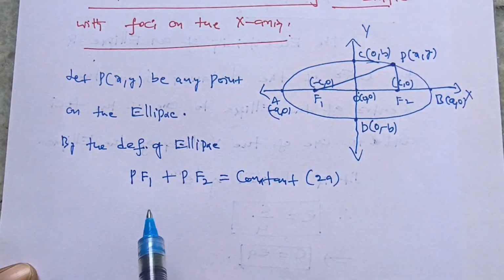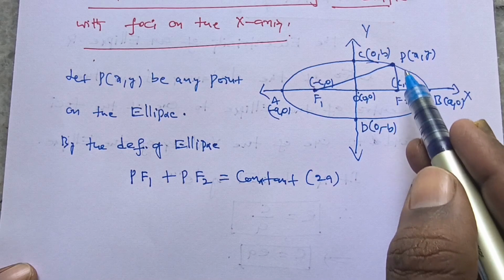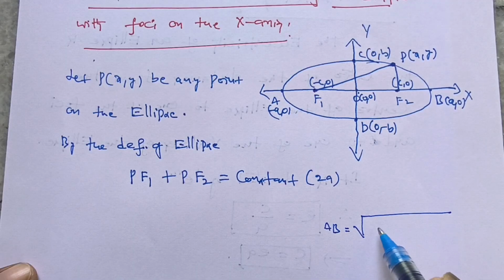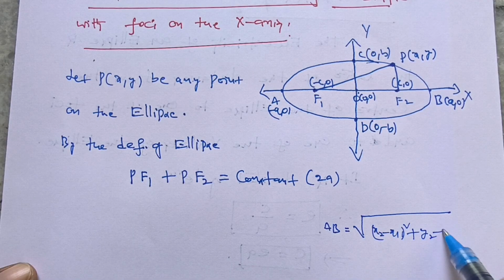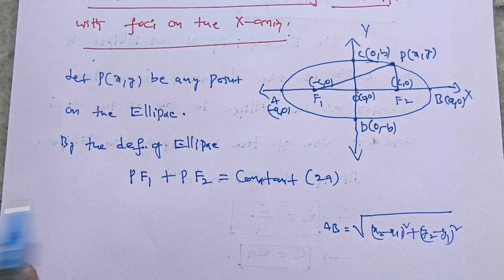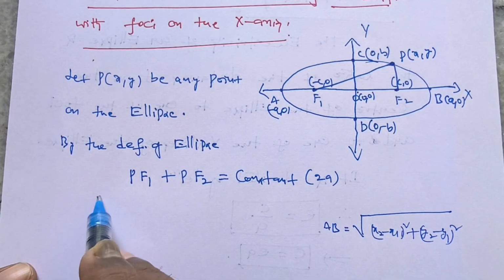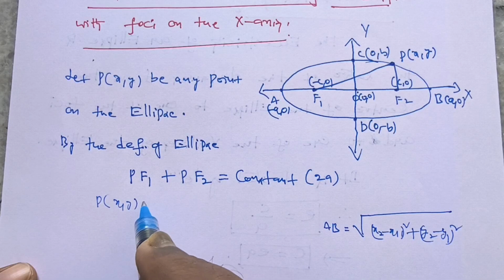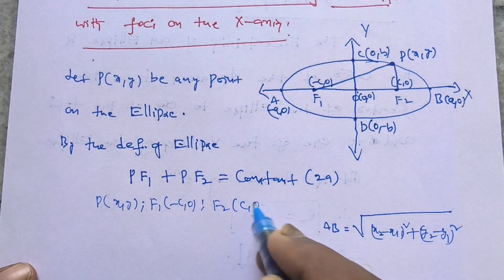PF1 is the distance from P to F1, and PF2 means the distance from P to F2. We use the distance formula. The distance formula is the square root of x2 minus x1 whole square plus y2 minus y1 whole square, the distance between any two points.